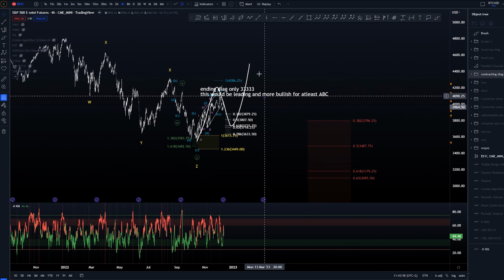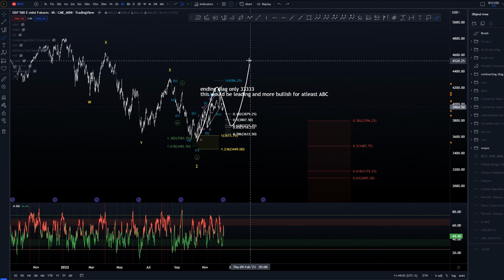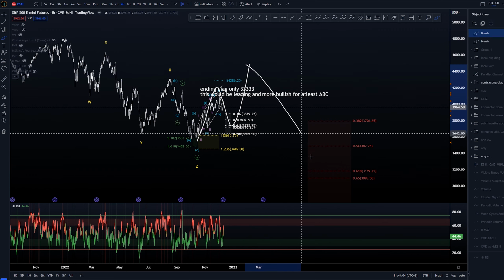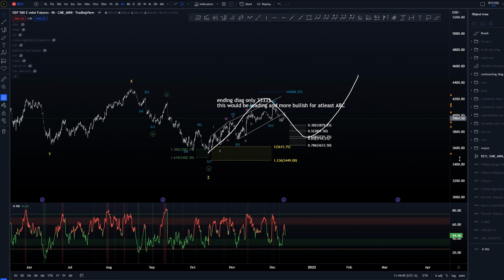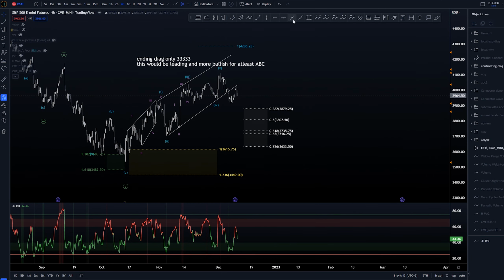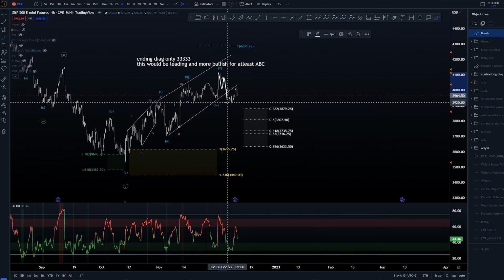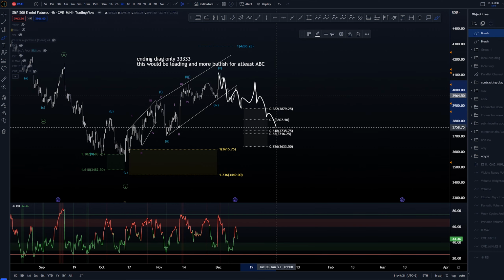Again, depending on how high this goes, and depending of course how low this goes, we can only then, once we are around here, project some kind of targets downwards. At the moment, there is definitely a possibility where if this is the count that we would be looking for, we would have this again, that five-wave structure as shown on the SPX. We would have a three-wave pullback and then another five-wave structure coming down.